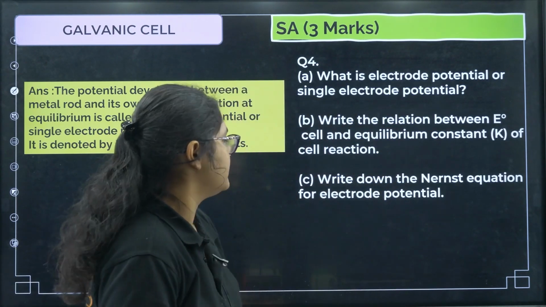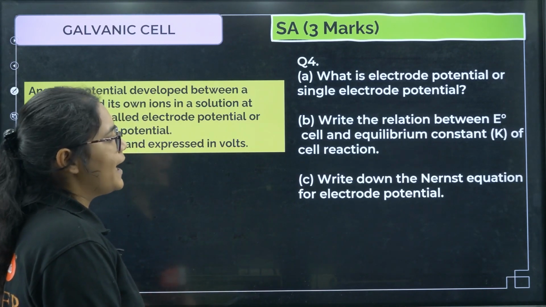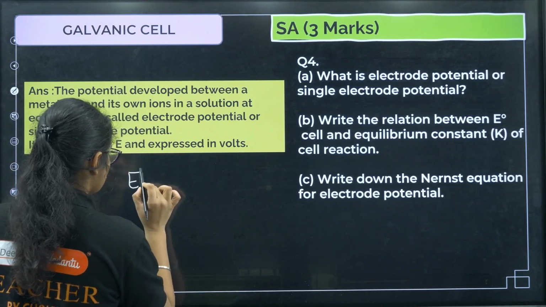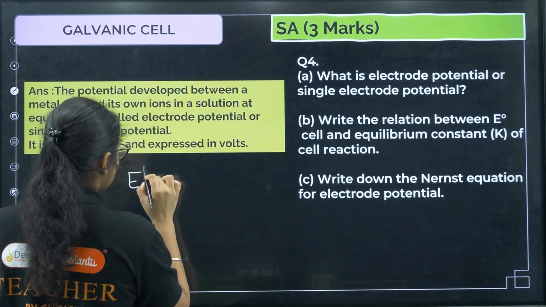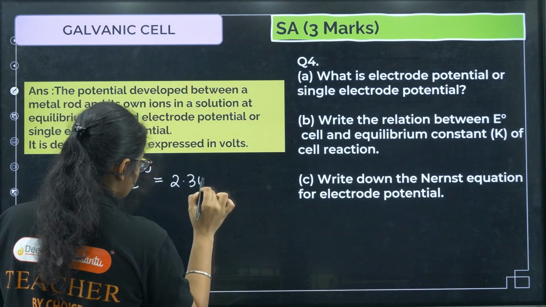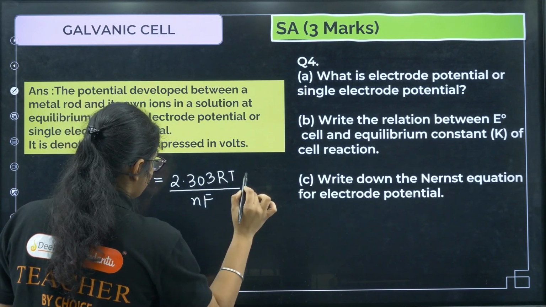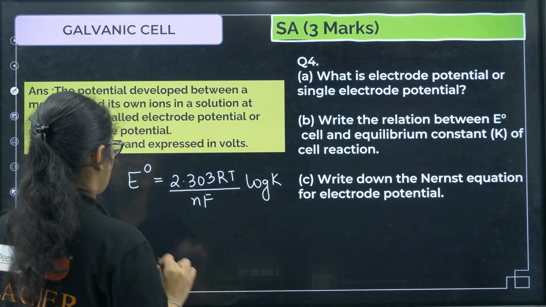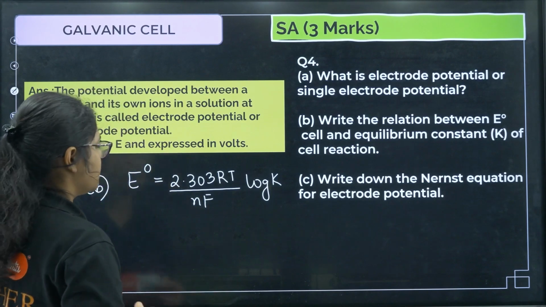Next, write the relation between E0 of the cell and the equilibrium constant of the cell reaction. So you can write E0 of the cell equals 2.303 RT by nF into log of K. That is the relation. This is your answer number B. Next, write down the Nernst equation for the electrode potential.